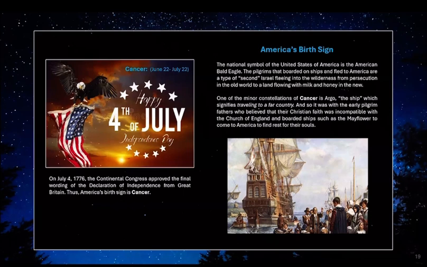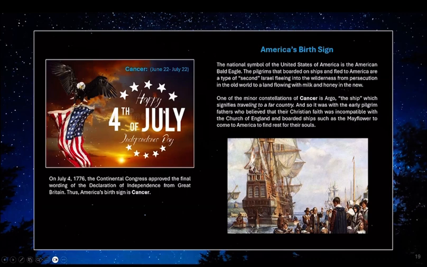And so isn't that interesting that our country is represented by an eagle, and our country was birthed in the zodiac sign of Cancer. The 4th of July is the Cancer sign, and we are represented by an eagle. So that's interesting. On July 4th, 1776, the Continental Congress approved the final wording of the Declaration of Independence from Great Britain. Thus, America's birth sign is Cancer, which I think is an eagle.